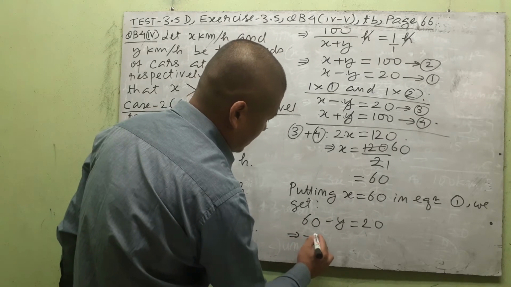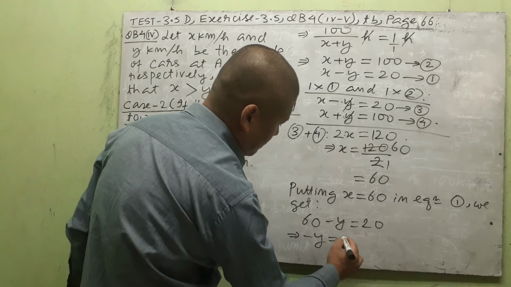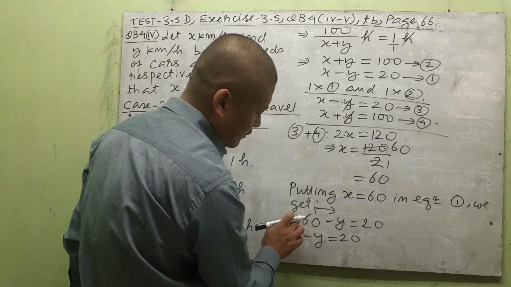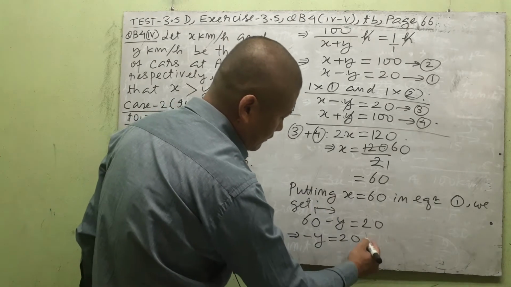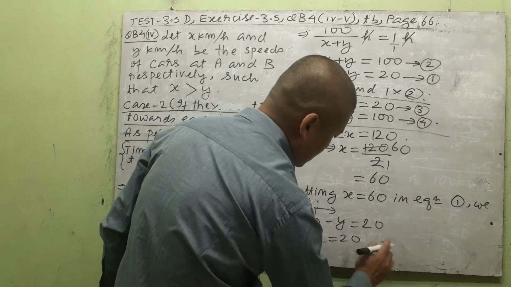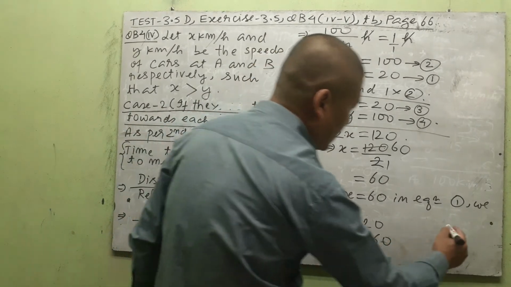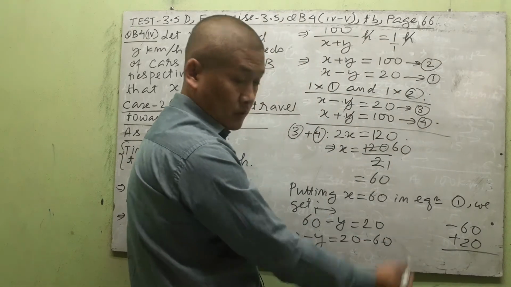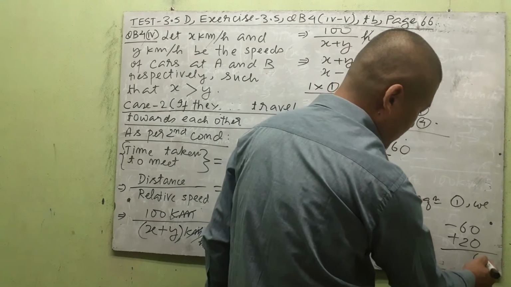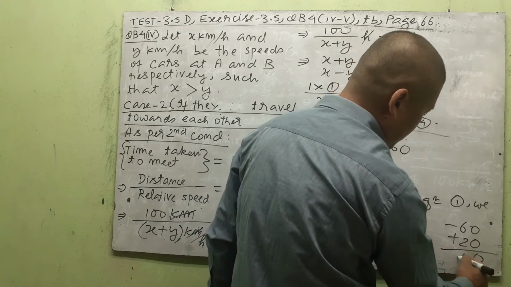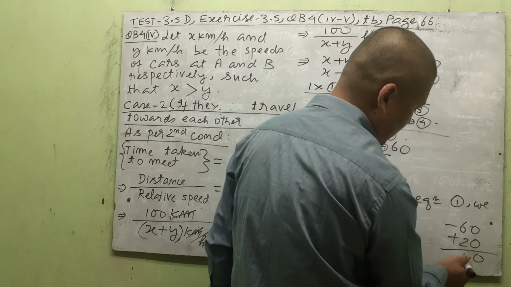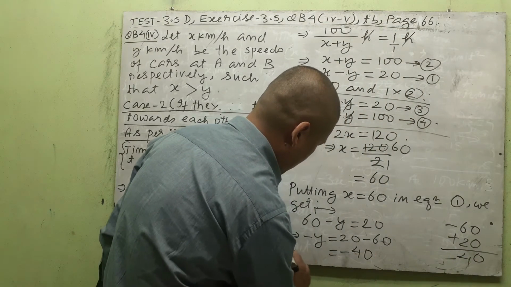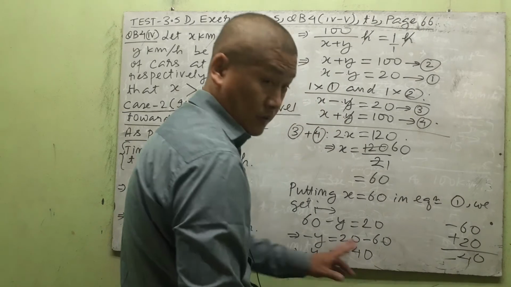Then here minus y, just keep it alone, equal to 20, and this no sign in front of 60 means plus 60, go to right side, minus 60. Minus 60 has bigger absolute value, plus 20 smaller absolute value, so subtract because minus and plus: 0 minus 0 is 0, 6 minus 2 is 4, and bigger sign is minus, so we get minus 40, and that implies minus y equal to minus 40.